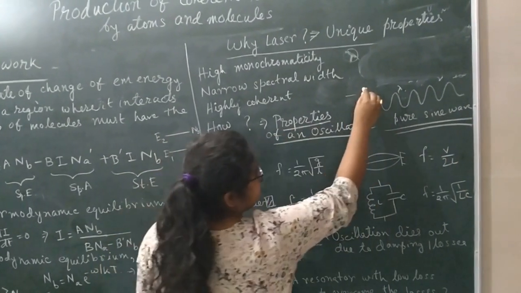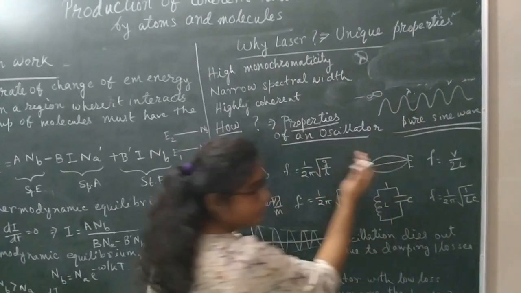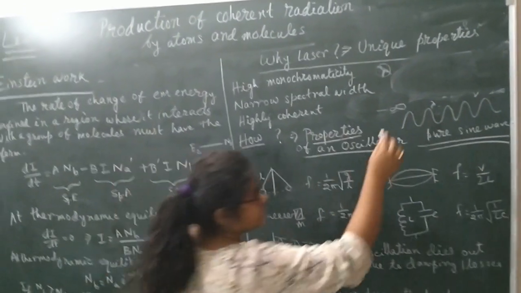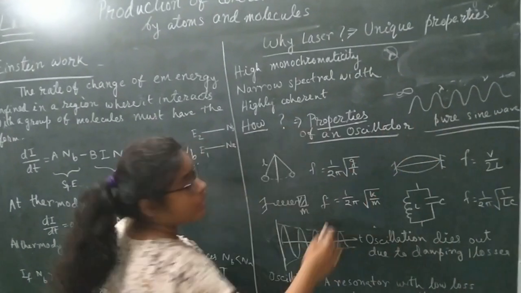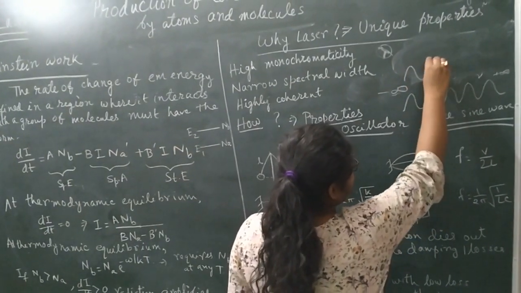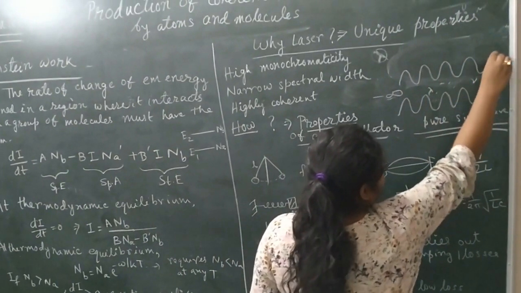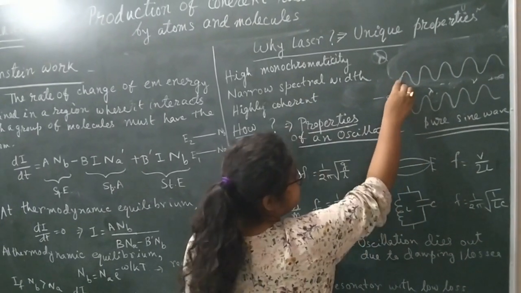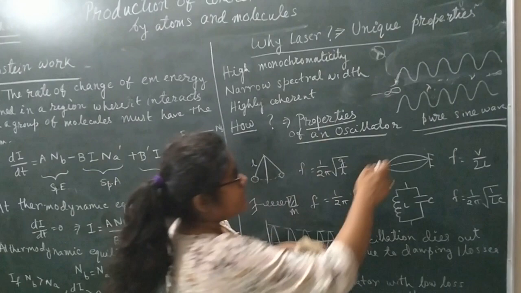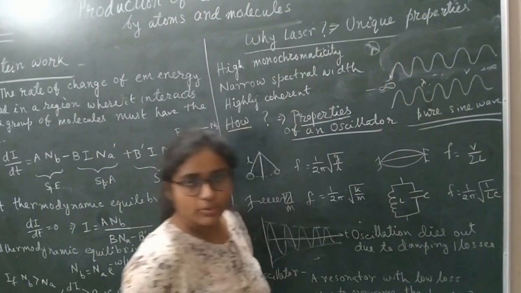If this sine wave extends from minus infinity to plus infinity, you can say this light is purely coherent, highly coherent light. If you take another light which is also purely sinusoidal, then at any point, whether you are here or here, you can say that these two waves are purely coherent.